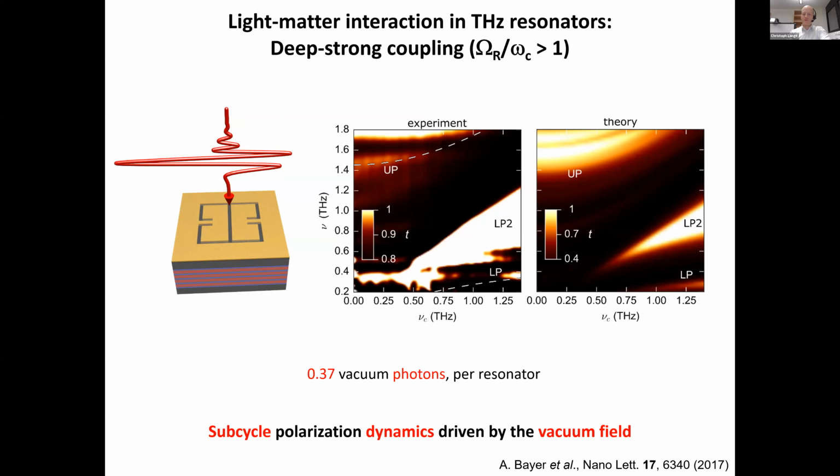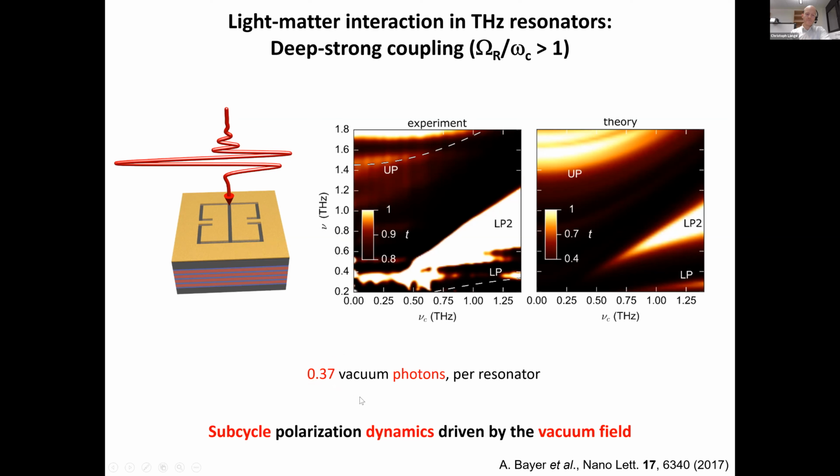And then the range of very low field amplitudes, the field amplitudes of quantum vacuum fluctuations, where extremely strong light-matter coupling is achieved with vacuum Rabi frequencies exceeding even the carrier frequency of light by up to 43%, which leads to a strong population of the ground state with vacuum photons of these structures.